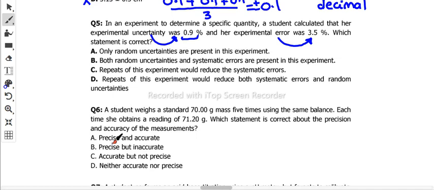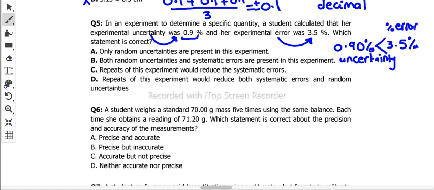Before reading the A, B, C, D choices, we need to make a small comparison between both values. We're going to find that 0.9 percent is smaller than 3.5 percent. And remember that the first percentage is taken from the uncertainty, which is of course taken from the random errors. But the second is the percentage error as experimental percentage error.